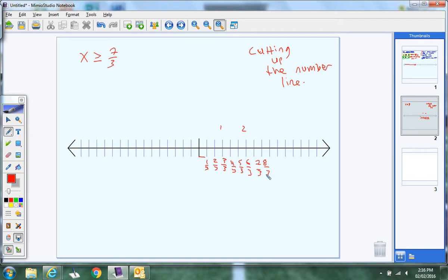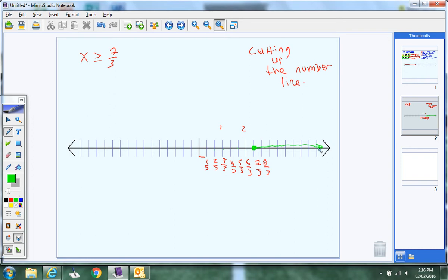And so the point that they want me to talk about is 7/3. So right here, 1, 2, 3, 4, 5, 6, 7, and it's equal to, so a solid dot, and it's greater than, so I go in this direction. So I want greater than or equal to 7/3. And so you can just see how easily I cut this line up into thirds.